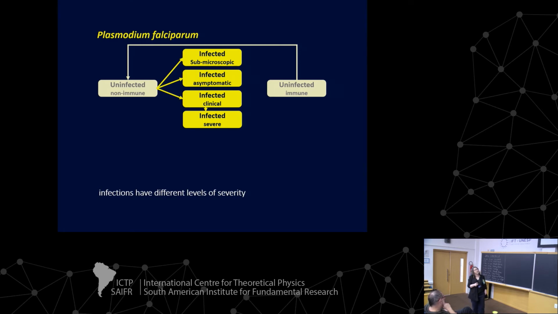Here, you're still infectious, but you test negative with all the usual tests, the rapid tests. So you continue being infectious, but you're even testing negative at this point. Or if you're clinical, you can become severe and you can die.